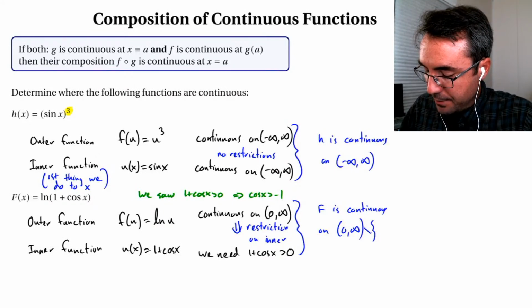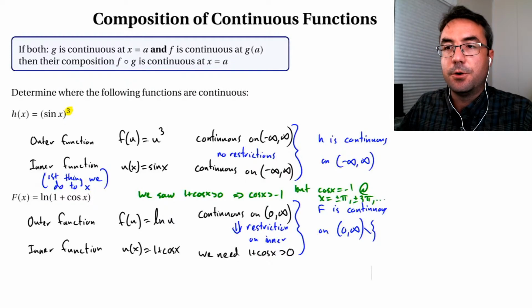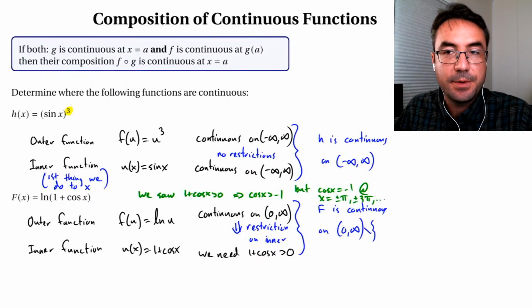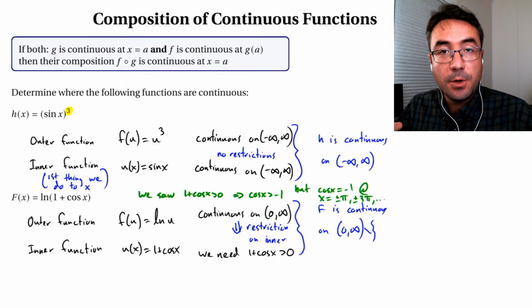And we saw where that happened before. So those were at the odd multiples of pi. So plus or minus pi, plus or minus 3 pi, and so on. So that inner function is, for the most part, greater than 0, so that's good.